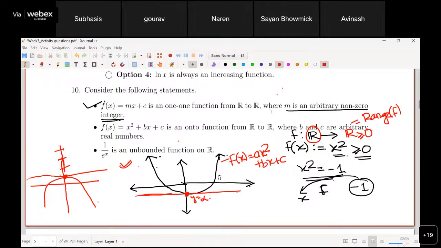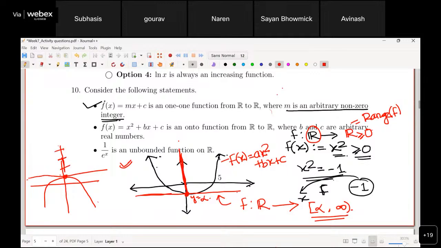You need to take all the points above alpha. So if you consider this function from R to [alpha, infinity), in this case this function is surjective, because my codomain and range are precisely the same.